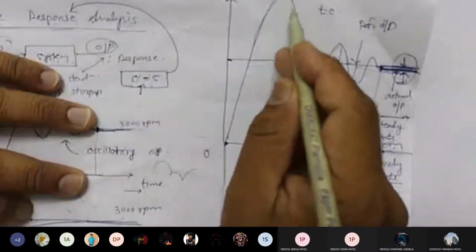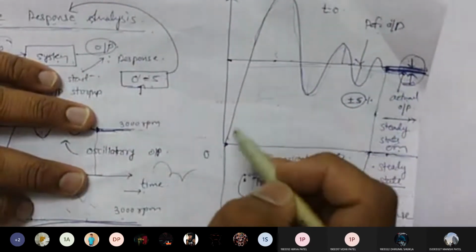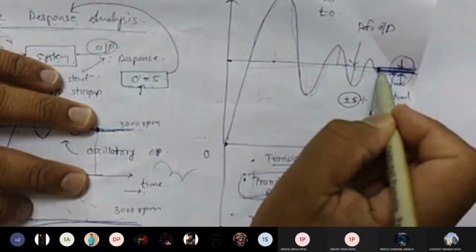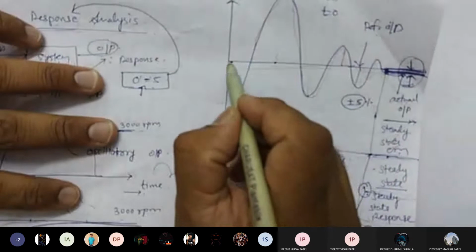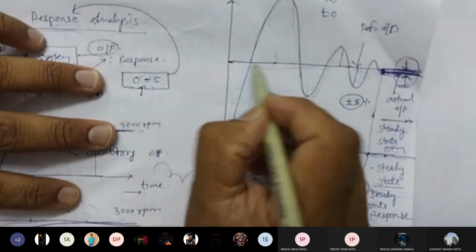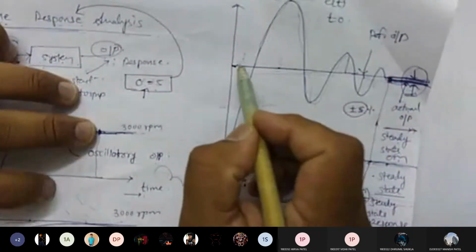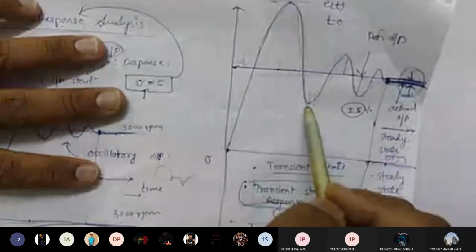So now we are going a little further, that is this part. It is your transient response part. It might happen that your system will be giving output like this, so it is not actually desirable. Our output is desirable when the system follows this path, not this. It might happen that a motor is told to run at 4000 rpm, but it is running at 5000 rpm, later it is running at 3000 rpm.